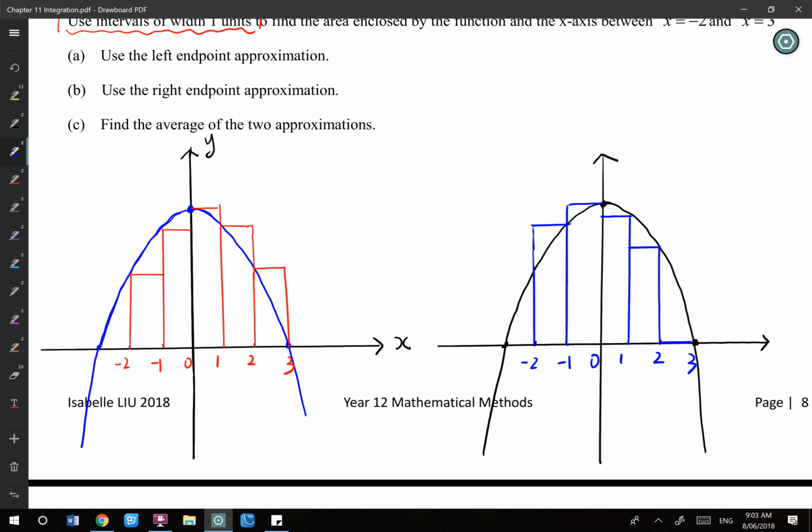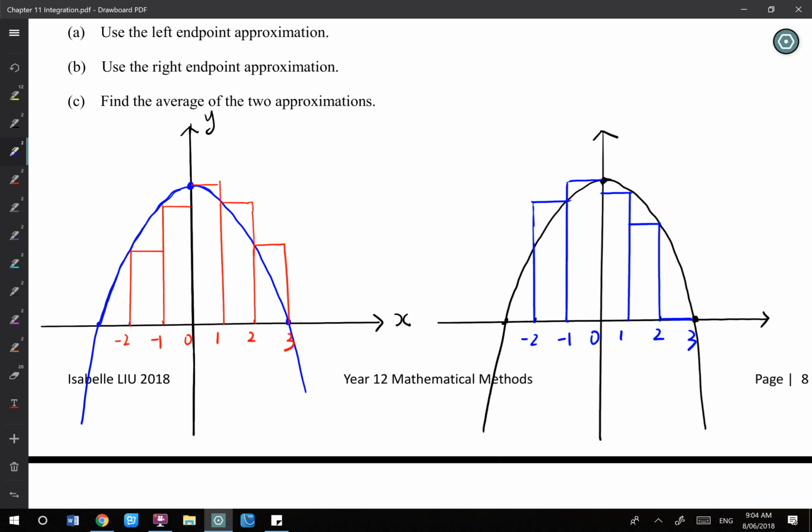I have 5 rectangles in the first one, but only 4 rectangles in the second one. Why do we only get 4 rectangles in the second one? It's 0. The most right hand side point has a height of 0.